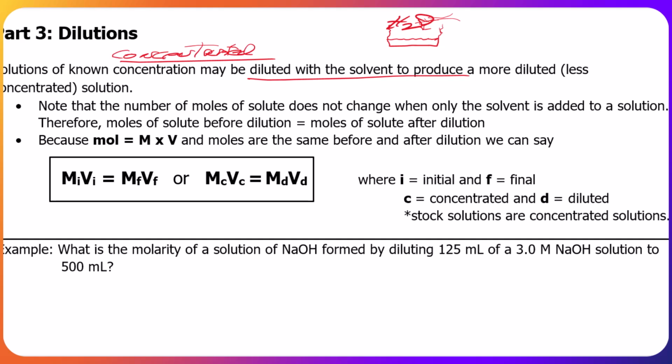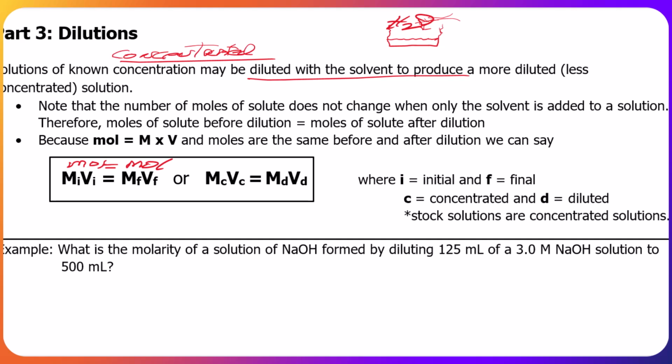Note that the number of moles of solute does not change when the solvent is added to the solution, just like my gooey coffee here. When I added water, the volume increased, the concentration decreased, but the number of moles of actual coffee stayed the same. So moles before the dilution equals moles after the dilution.